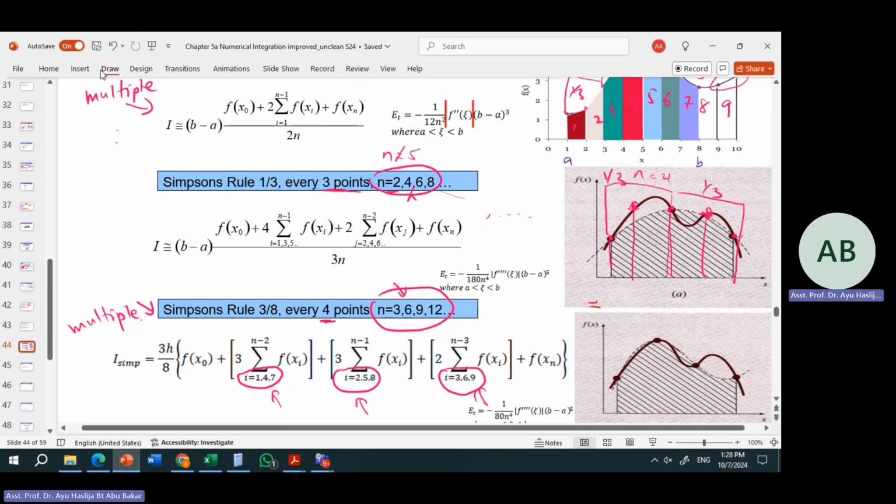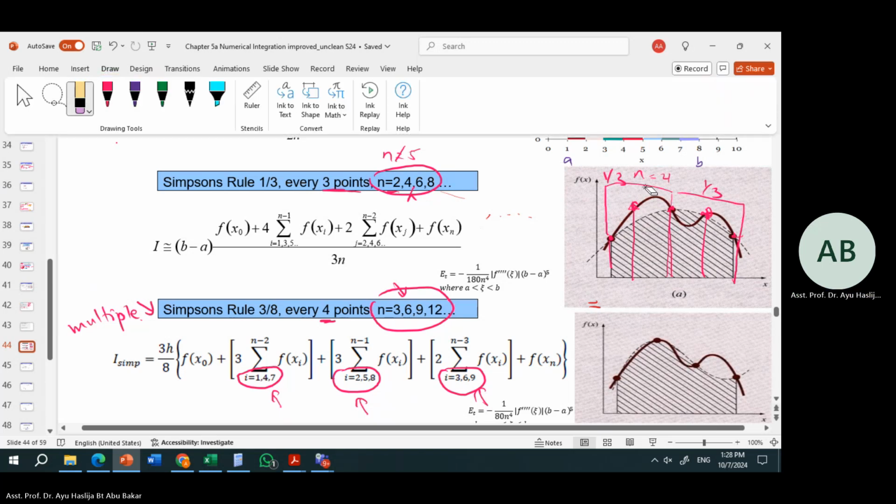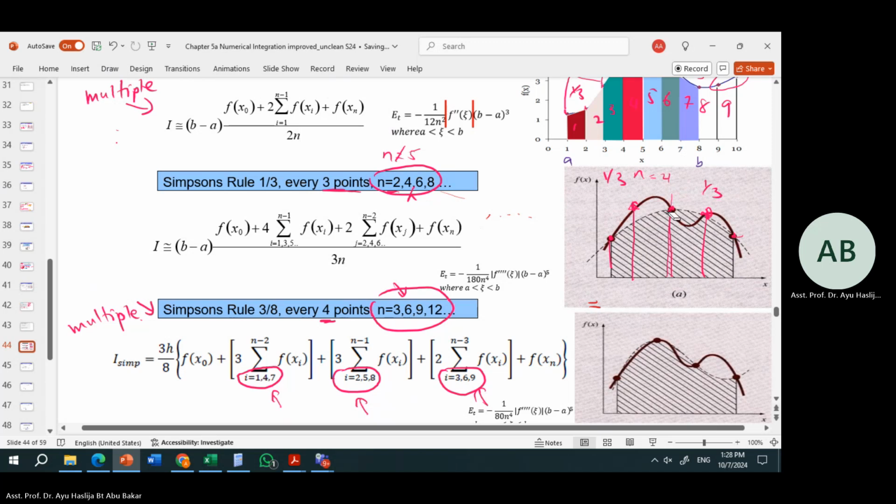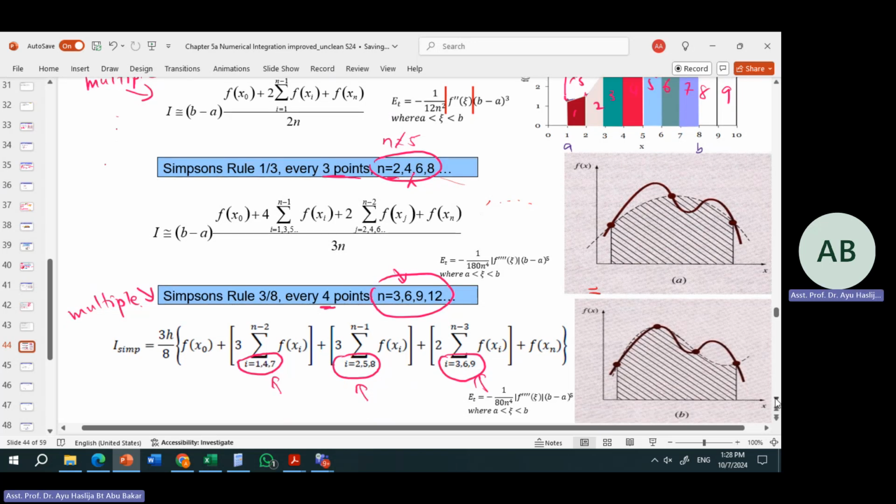Okay, Julius, from here, this kind of function, this curve.